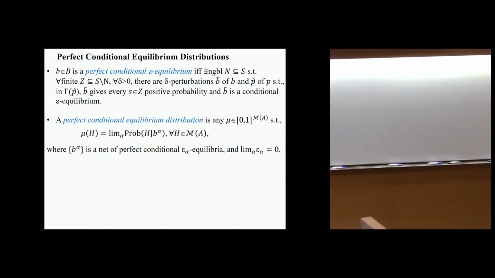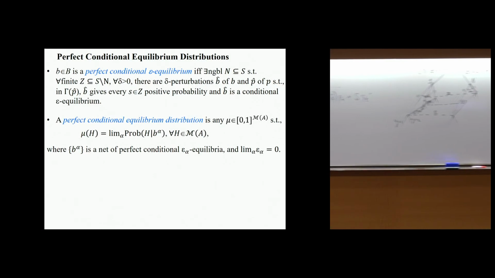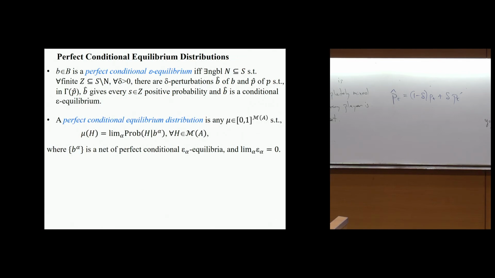And we can define then mu to be a perfect conditional equilibrium distribution if it's the limit, in this pointwise sense, of the distributions that arise along the sequence, this net, excuse me, of perfect conditional epsilon equilibria.